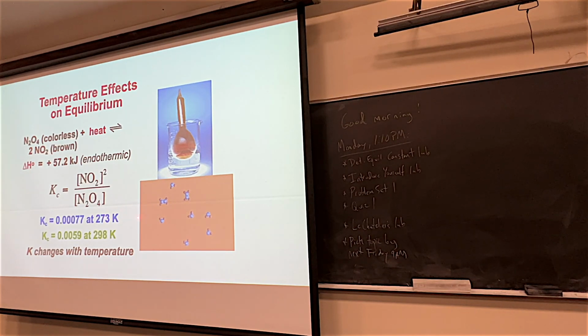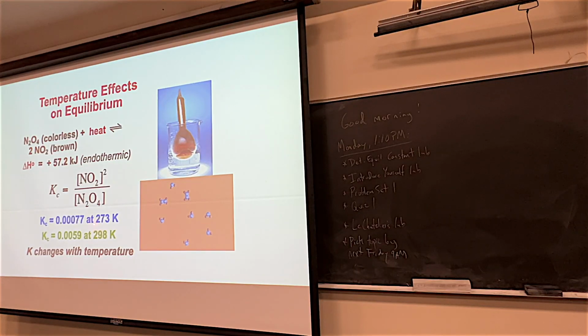As you go from 273 to 298, you're heating it up. You're adding more heat to the reaction. Now, heat is a reactant in this endothermic reaction. And like I said, if you add heat, it's making it too hot. You want to make it colder. So the reaction is going to try and get rid of heat. So the only thing it can do is move to the product side.